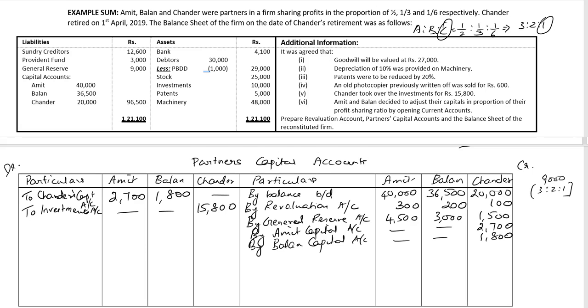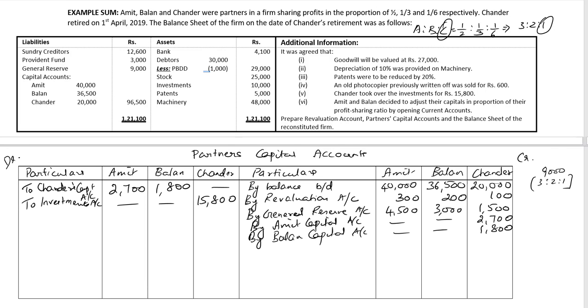So before we do the adjustment of capital, we will close Chandar's account, the retiring partner's account.